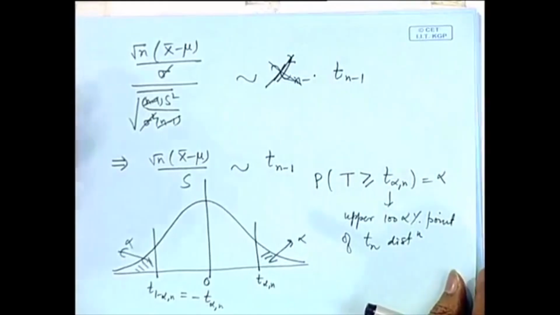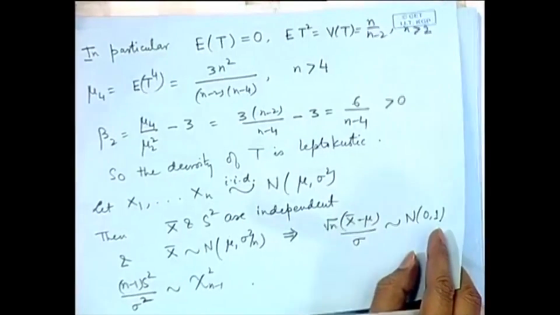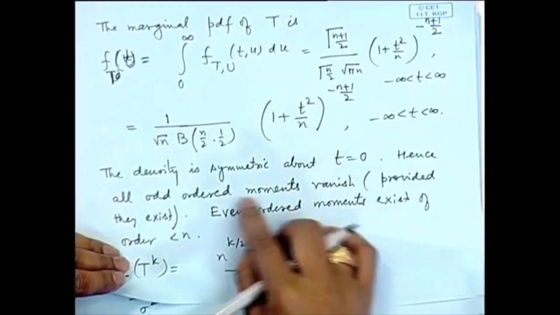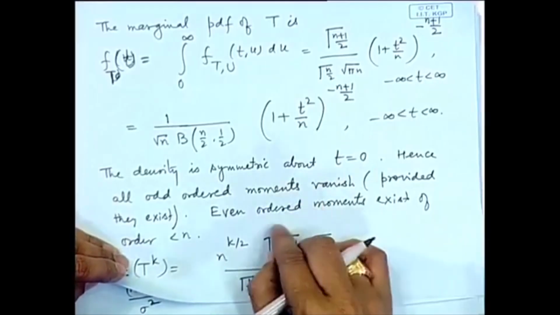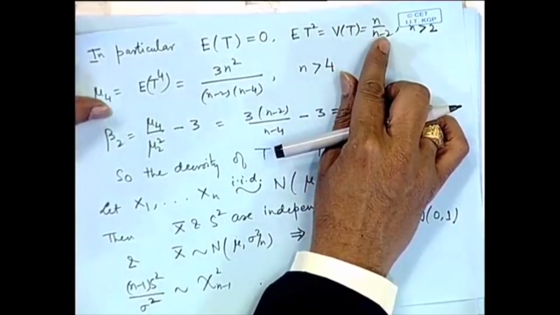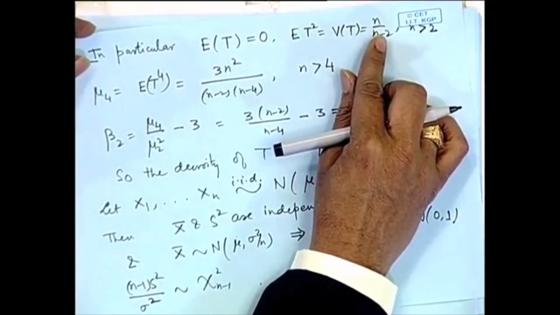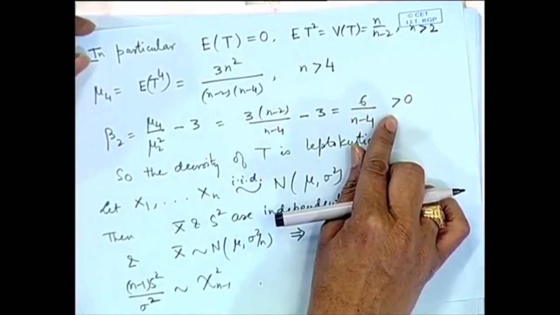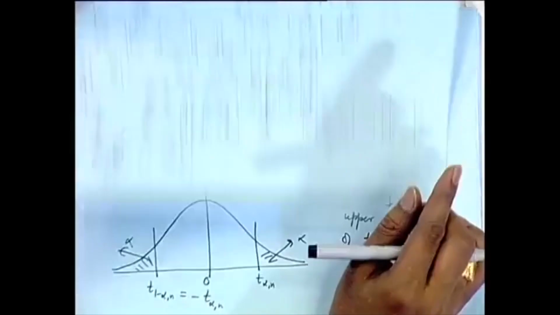Now, few things that we observed, let us recollect that. When I wrote the density, I said it is symmetric about 0, the odd ordered moments vanish, even ordered moments can be found, mean is 0, the variance approaches 1 as n becomes large, the peakedness approaches the normal peak as n becomes large.